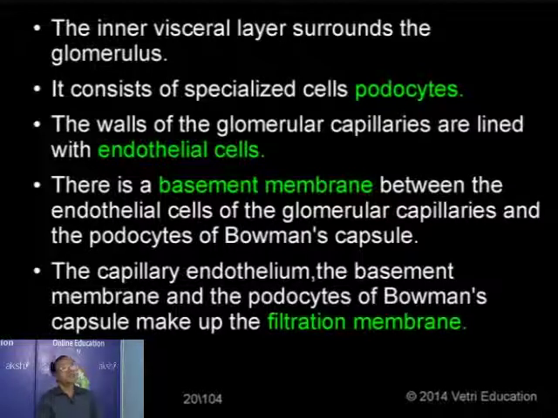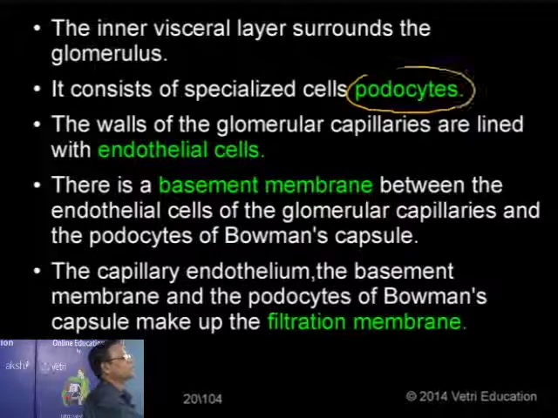This layer consists of specialized cells taking part in the filtration process, one of the units of the filtration membrane, what are called the podocytes. The podocytes are found in the visceral layer of the Bowman's capsule. So the outer parietal layer is formed of squamous epithelium, and the inner visceral layer is formed of podocytes.